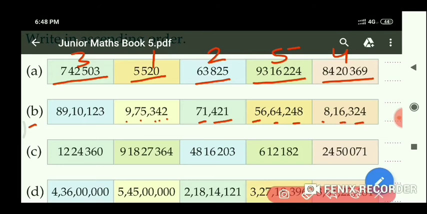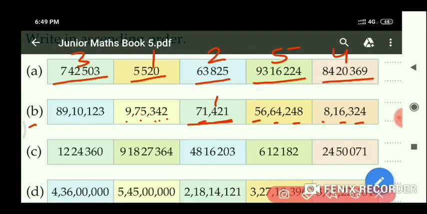You can see here some numbers are coming up to 10 lakh, up to lakh, and one number is coming up to 10,000. So 10,000 is smaller than lakh. So firstly we have to check the smaller number. So the first number, what will be? 17,421. Okay, I have written here upside 1.